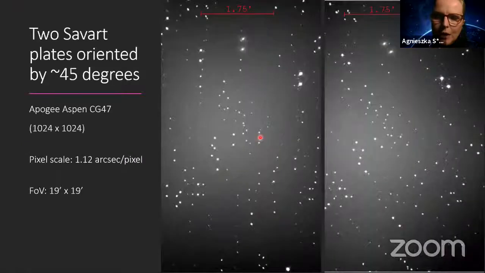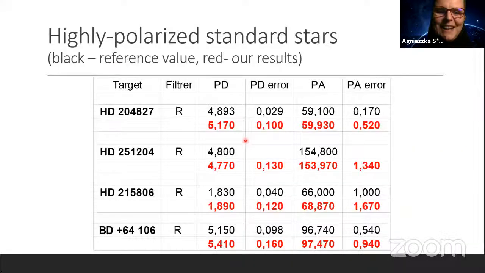You can see we again used the two Savart plates for the observing campaign to observe OJ287, the blazar, last year. And here you have the pixel scale and the field of view. I don't remember exactly, but I think the blazar is in the middle. And we also observed the standards.